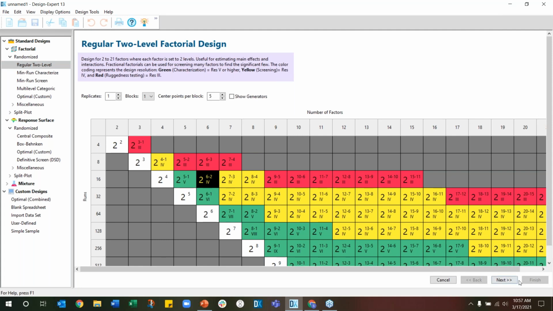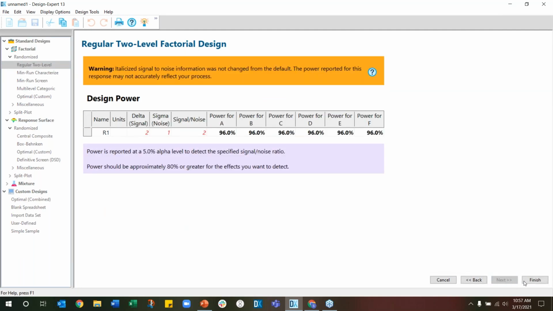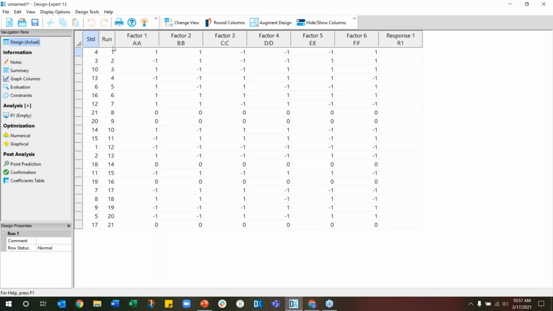So if I just take this design and build it, go to finish, it's giving you the runs in a randomized order, which is how you should run them. That is statistically sound. That's actually one of the ANOVA assumptions too, that you are running these designs in random order.